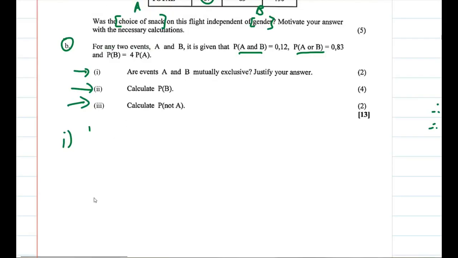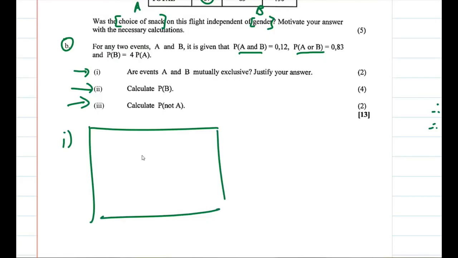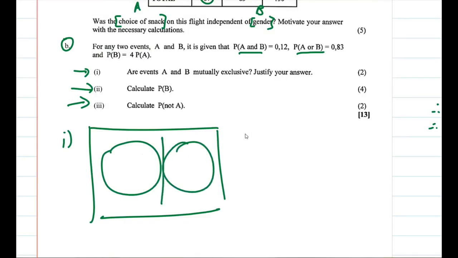If two events are mutually exclusive on a Venn diagram, does that mean the two bubbles intersect or are they separated? Separated, and therefore zero. Right, so there's nothing in between the two. So what does that mean for the probability of A and B? It should be equal to what? 0. 0, but look here.